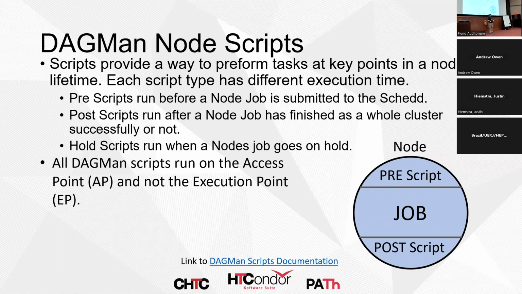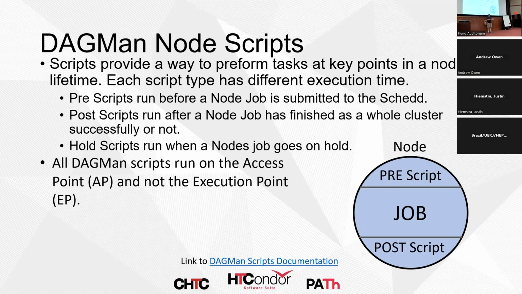Scripts are very useful for doing tasks at certain points in the DAG's life. A pre-script will run before the job is submitted to the schedd. A postscript runs once the entire job as a whole is done and we want to do some post-analysis and stuff. And there's this other one called hold scripts. Whenever one of the jobs in the node goes on hold, we run this.